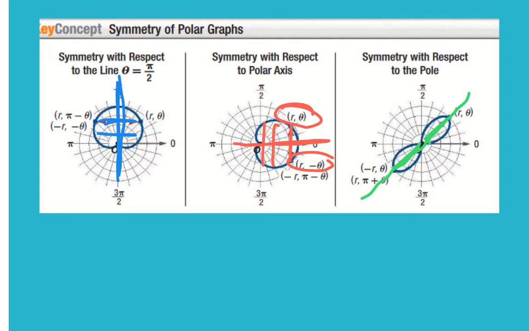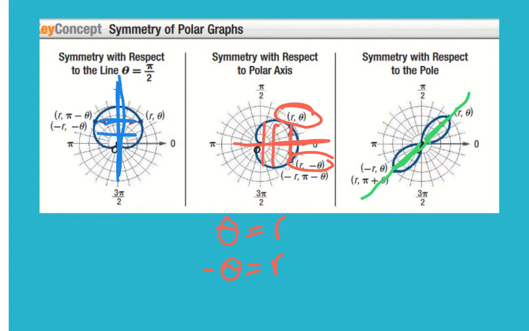If I plug in a negative theta, it's still going to give me the same r. So if I plug in theta and it gives me r, I plug in negative theta, it will still give me an r.